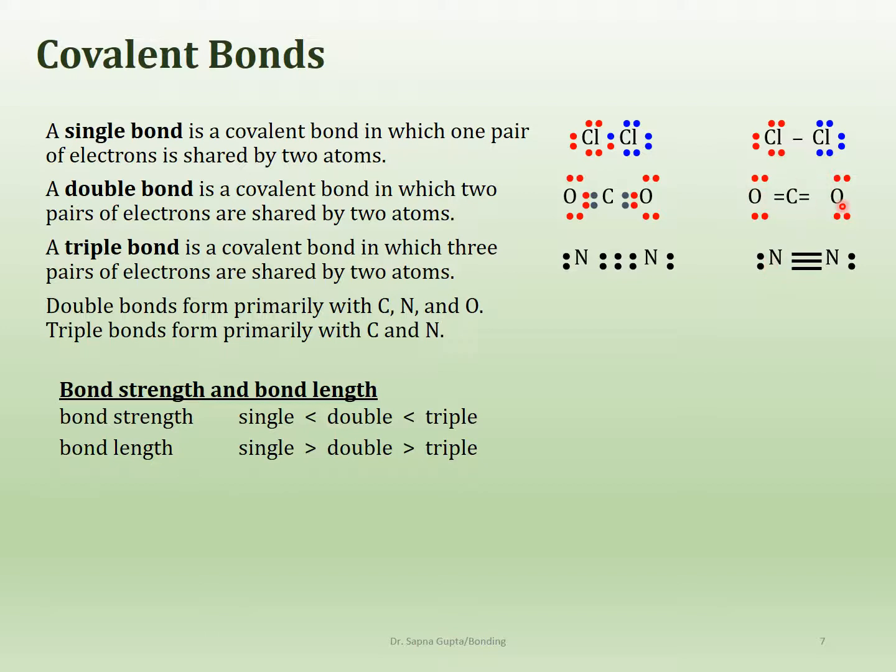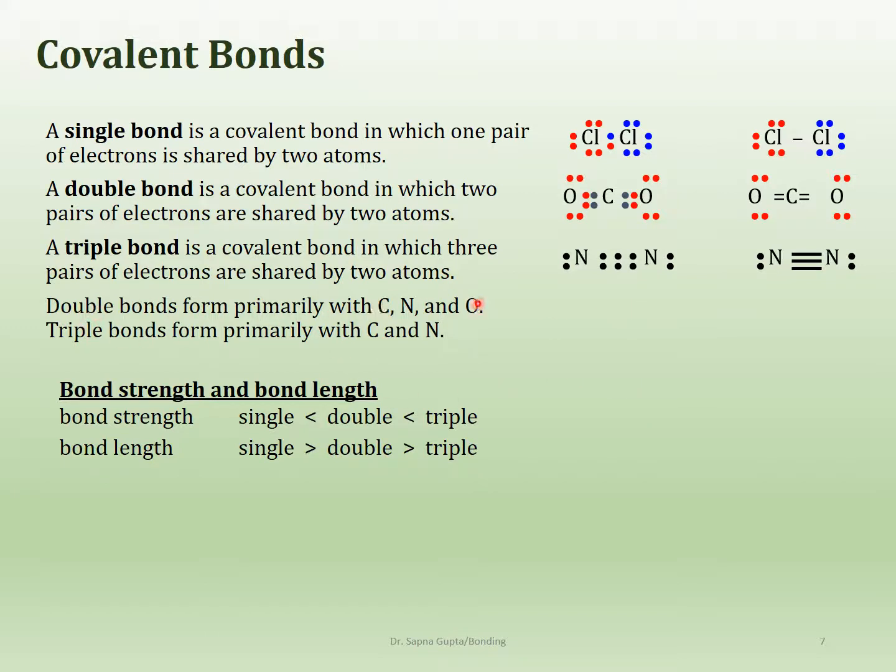In case of carbon dioxide, oxygen now has 2 lone pairs of electrons left over. Whereas 2 pairs of electrons are being shared on either side of carbon, each of these oxygens will have 2 lone pairs of electrons. In case of chlorine, there are 3 lone pairs of electrons on each of the chlorines. So that's the difference between the bonding and the non-bonding electrons.